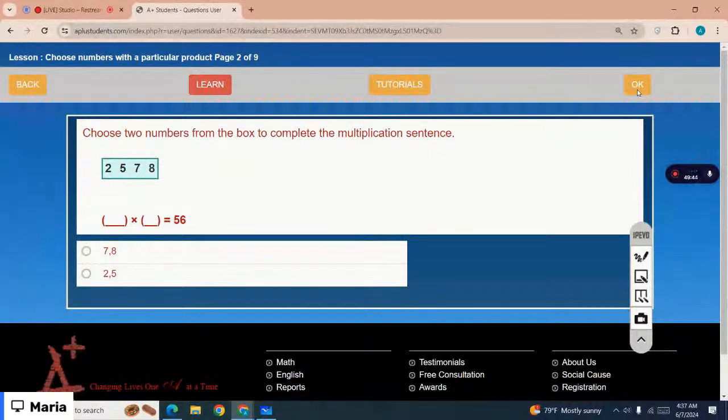That is 8 times 7 is 56. The correct option is 8 times 7. Option number 1 is the correct option.